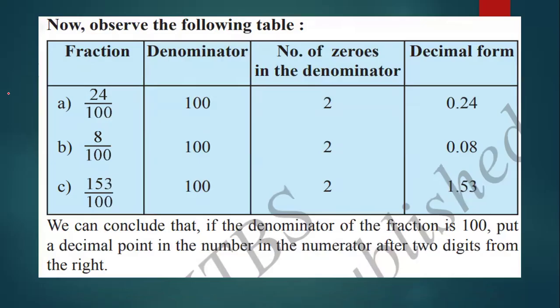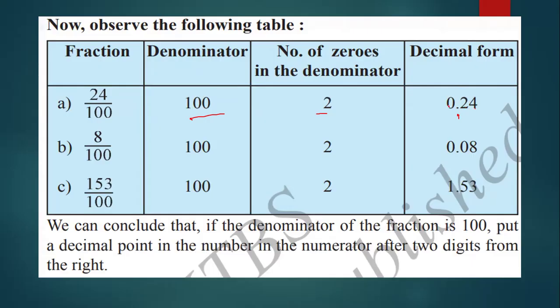Now observe the following table: fraction, denominator, number of zeros in the denominator, decimal form. 24 by 100, denominator is 100. Number of zeros in the denominator is 2. Decimal form 0.24. Put a decimal point after 2 digits from right side.